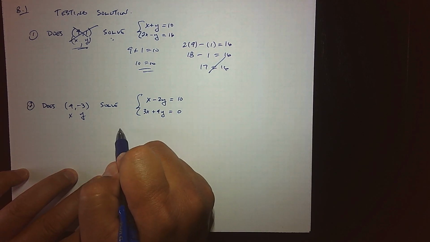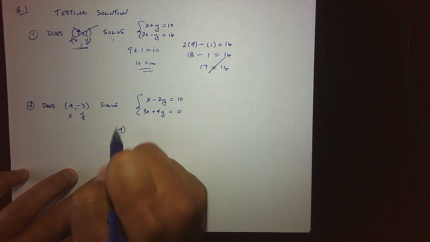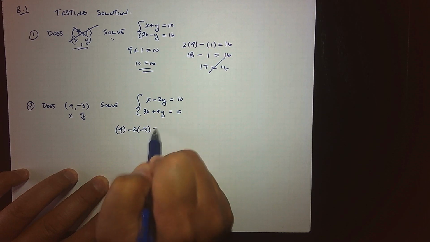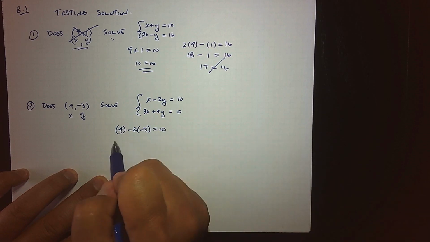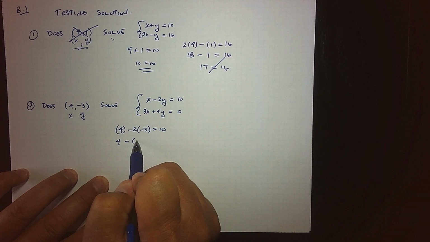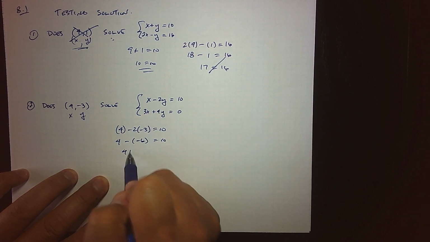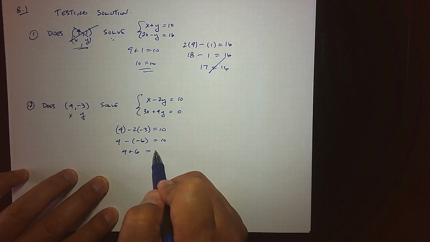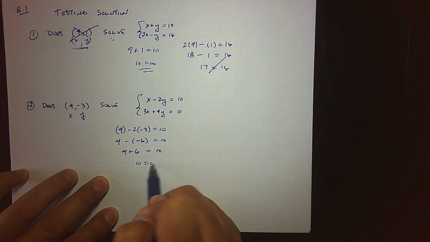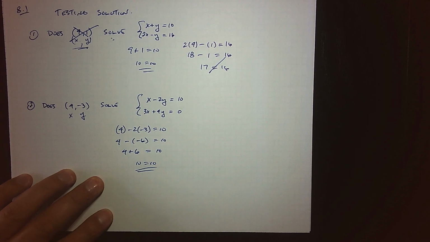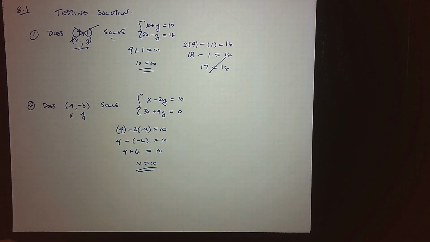So let's see, if I plug it into the first one, we have 4 minus 2 times -3, is that equal to 10? Well, doing my math, this is 4 take away -6, which is adding the opposite, and 10 equals 10. So far, so good. So this ordered pair solves the first equation.